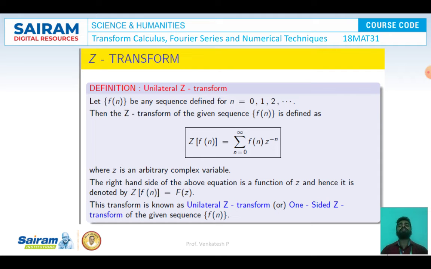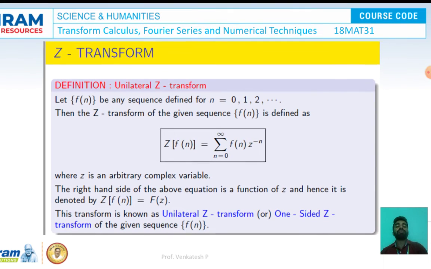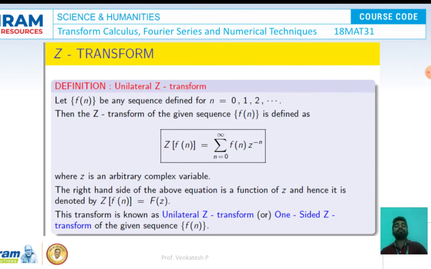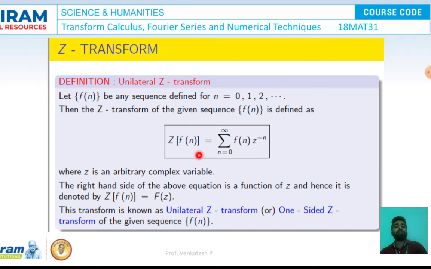Now we will see what is Z transform and what is the basic formula we have for Z transform. Let f of n be any sequence defined for n equal to 0, 1, 2, 3, and so on. Then the Z transform of the given sequence f of n is defined by Z transform of f of n is equal to summation n from 0 to infinity f of n z power minus n.